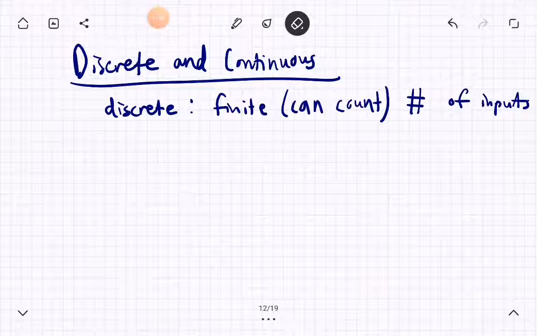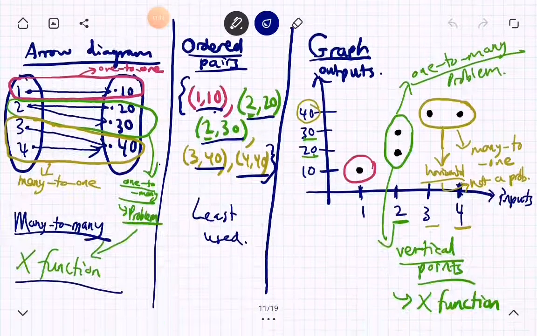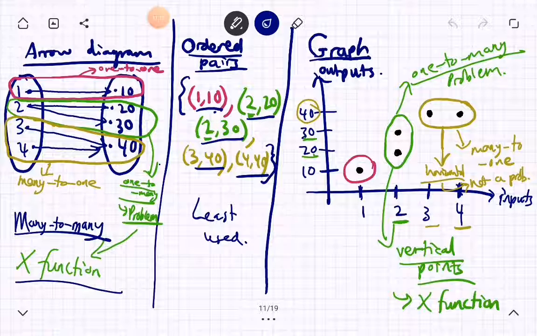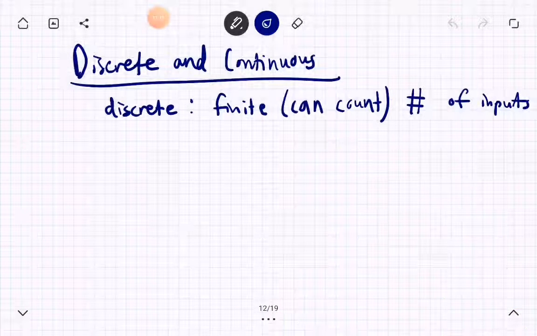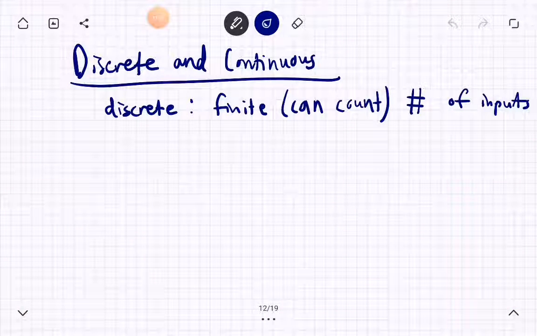So let's just look at the previous example. This is a good one. How many inputs do I have here? I have 1, 2, 3, and 4. So there are only 4 inputs, right? There's nothing else. So that is a finite number. 4, I can count. I can say that there are exactly 300,000 inputs for some function.